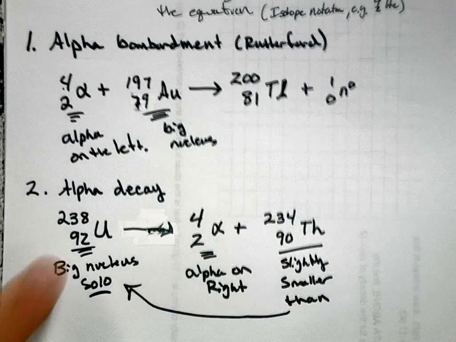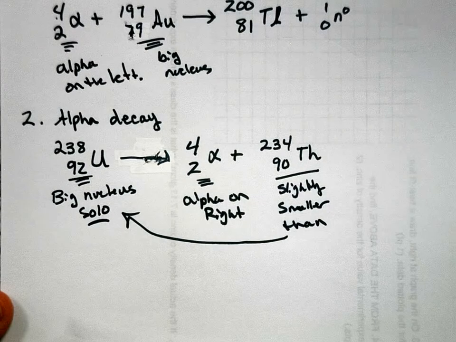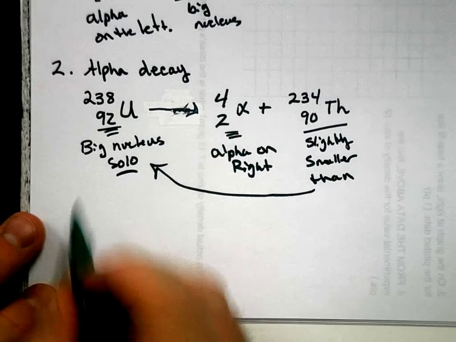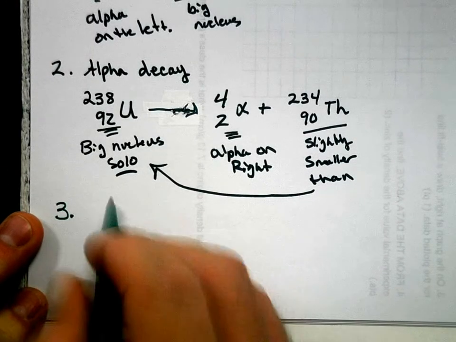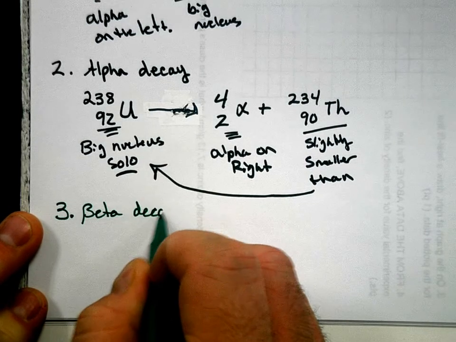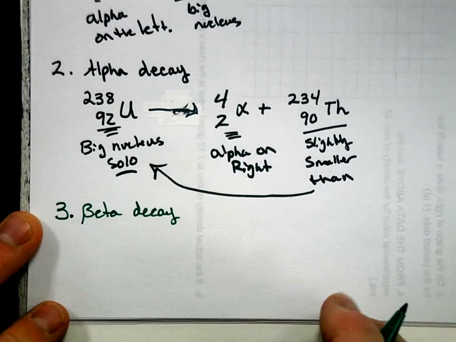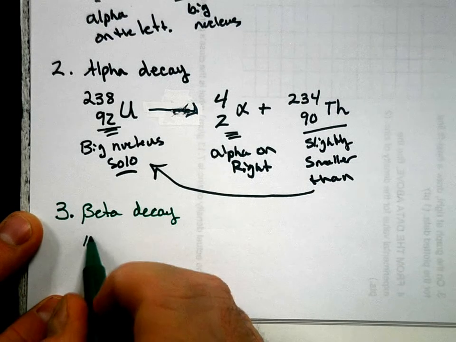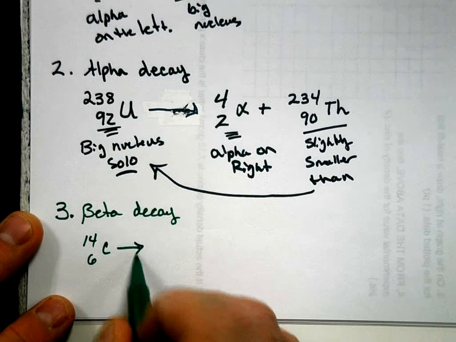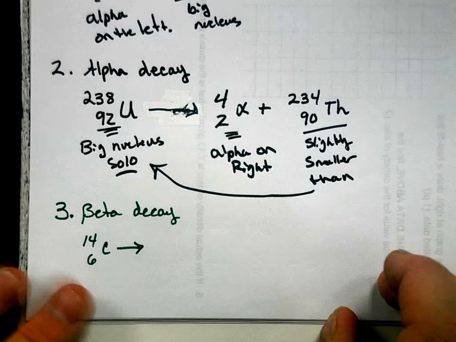Number 3, beta decay. Okay, our example before has been the 14,6 carbon.